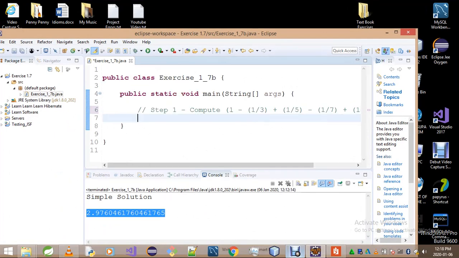And the second step is to multiply the results by 4.